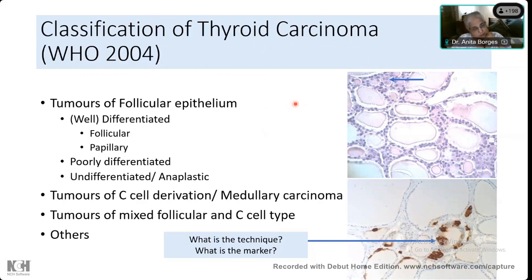So, Mukesh, can you tell me whether calcitonin is a nuclear or a cytoplasmic marker? Cytoplasmic. And why are you being so hesitant? And what is synaptophysin, what is chromogranin, and what is calcitonin? Come on, Mukesh, what is calcitonin?